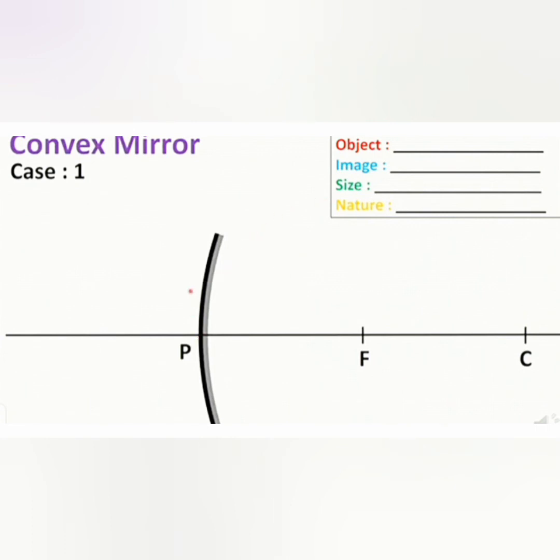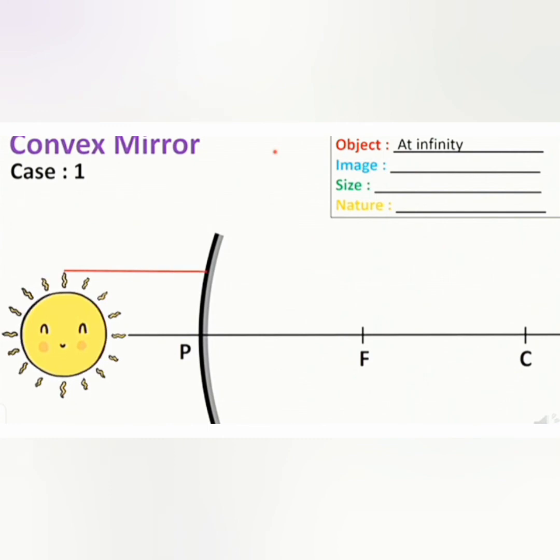Now a parallel light ray falls on the mirror, it will pass through the focus. But the focus is on the opposite side of the object, so we draw an imaginary dotted line through the focus and extend it to the back. It means it reflects to the back.